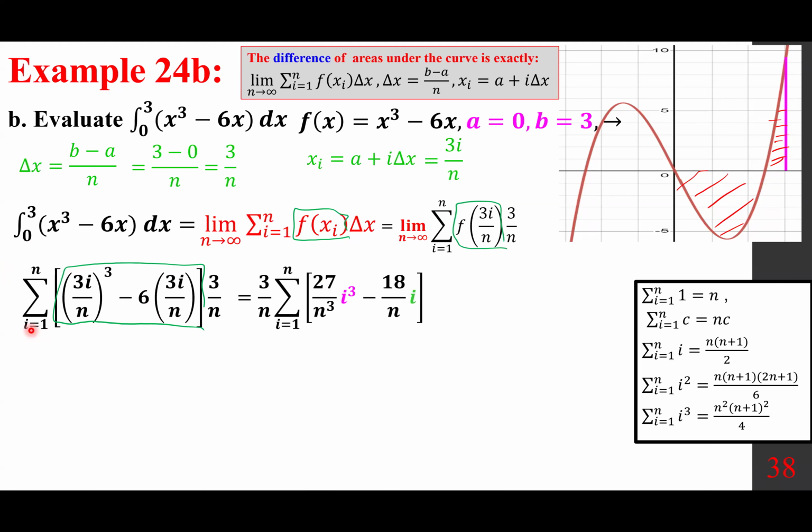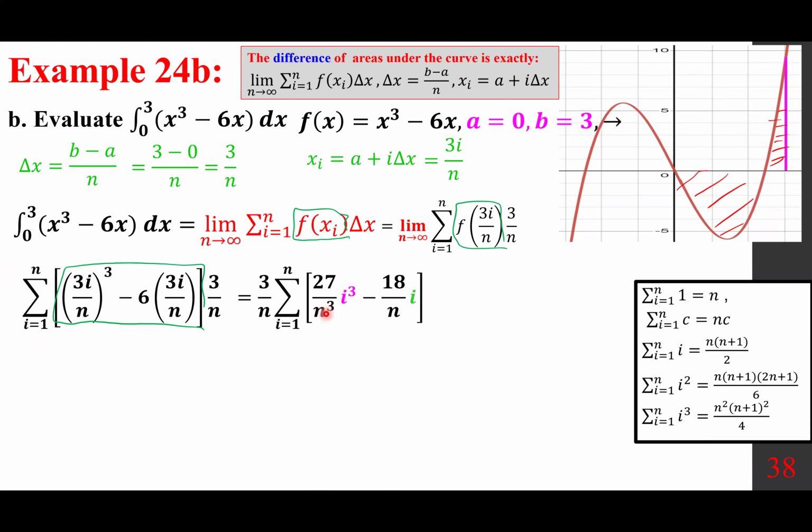All right, so we have again 27 over n cubed i cubed minus 18 over n i. I put them in different colors because when you get to use that, you have to have either i squared or i cubed here. So I'm going to take this one out, and I'm going to take this one out.